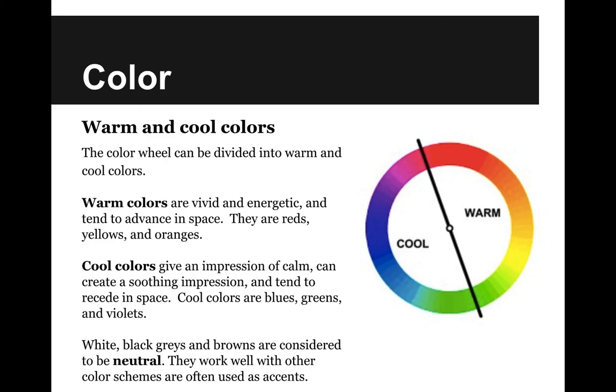Your cool colors are calming and soothing, and they tend to recede, which means they tend to step back. Those are blues, greens, and violets. White, black, grays, and browns are neutral, and they work well with other colors and look good with everything else.